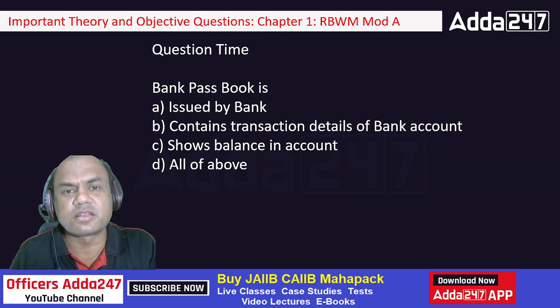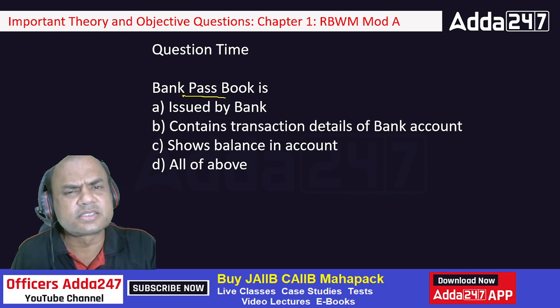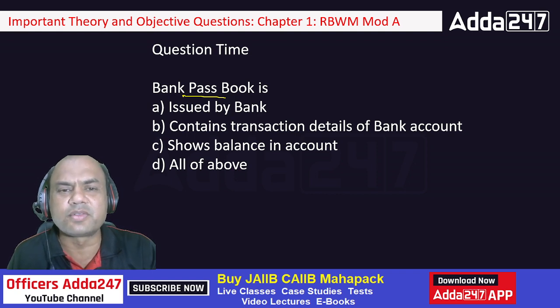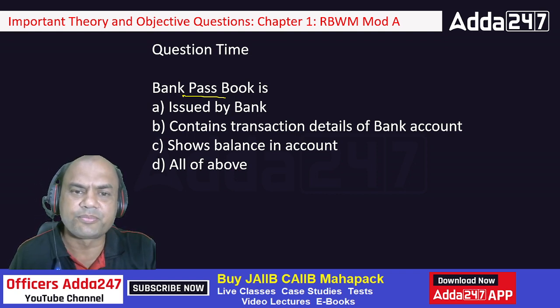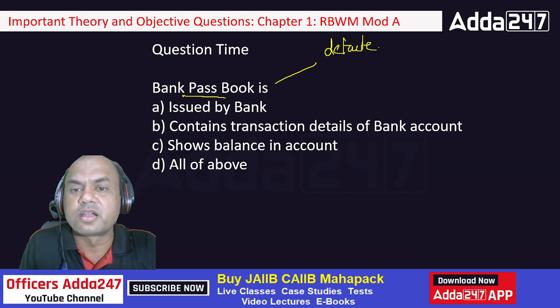Have you seen, you might be having that passbook printing machine in your bank, isn't it? It's nowadays automated. Now even we have the kiosk for passbook printing, right? So always remember, bank passbook gives the detailed transaction. Detailed means every transaction which is done in that account.